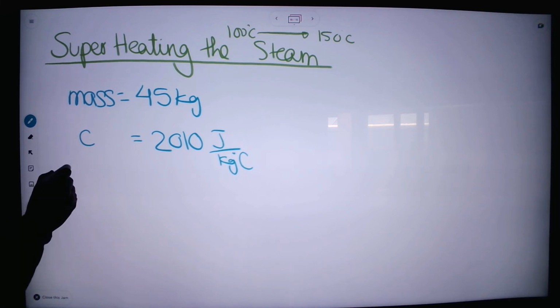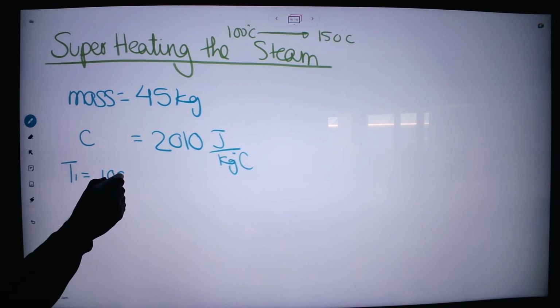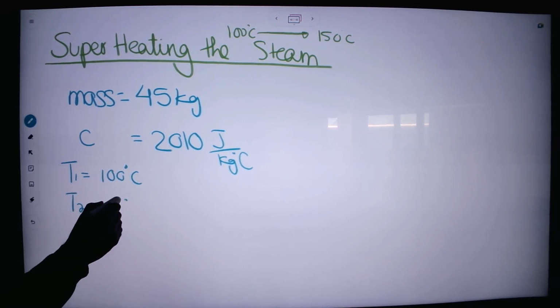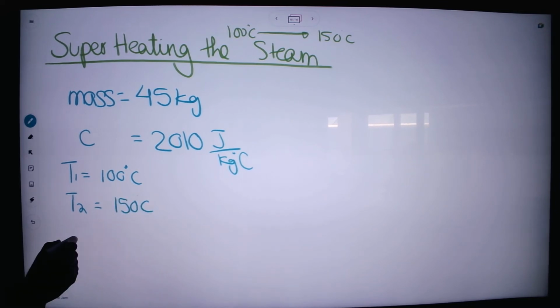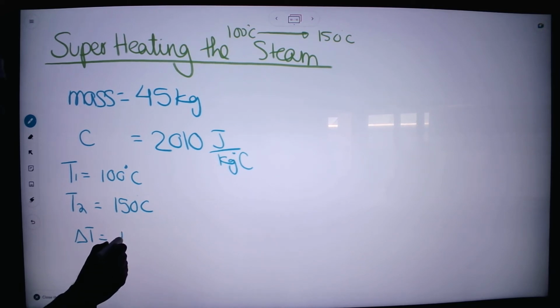So I am heating that one. Temperature 1 is how much? 100 degrees. And temperature 2? 150. So the change in temperature is 150 minus 100, which is 50 degrees centigrade.